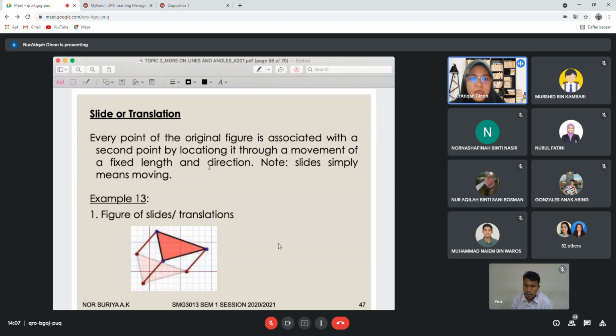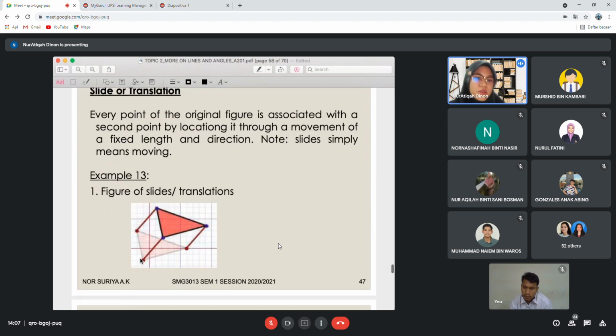And the direction also needs to be the same. Slide simply means moving. So for example, here we have the original one. When we slide this figure, this one moves to here, here, and here. So we will have the second figure, which has the same length and also direction as the first one.